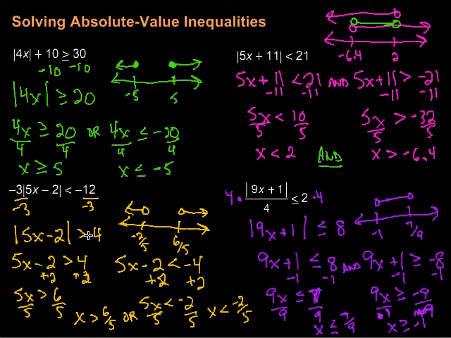Then we can tell if it's an and or an or based on the inequality symbol right before we write our two inequalities. Remember, greater than is an or situation, less than is an and situation.